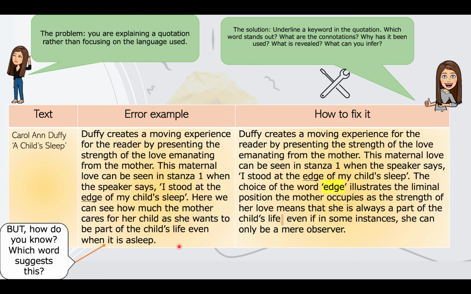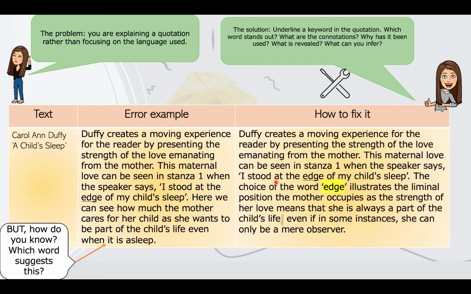How do you know? So how do you know from this quotation that the mother cares for her child? How do you know that she wants to be part of the child's life even when it's asleep? If you ask yourself those questions, then your answer is going to be because she's on the edge. Because she comments on the fact that she's on the edge. The use of the word edge really gives this quotation meaning.